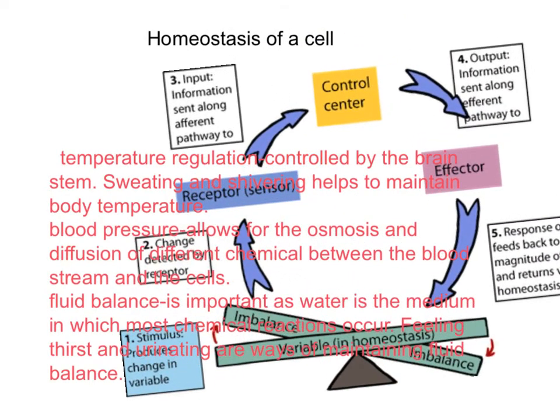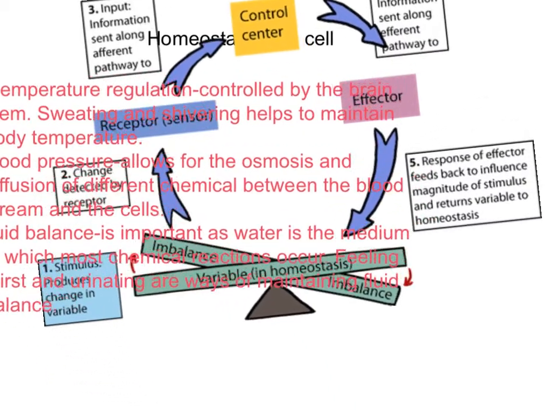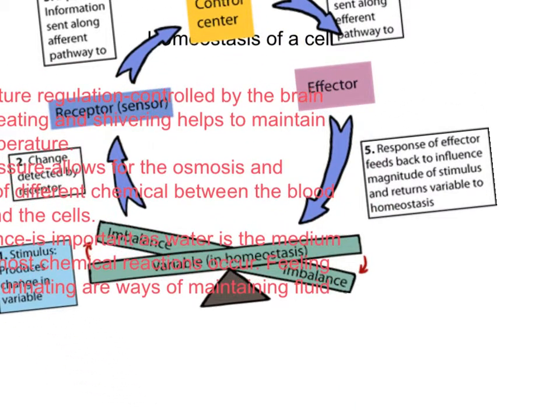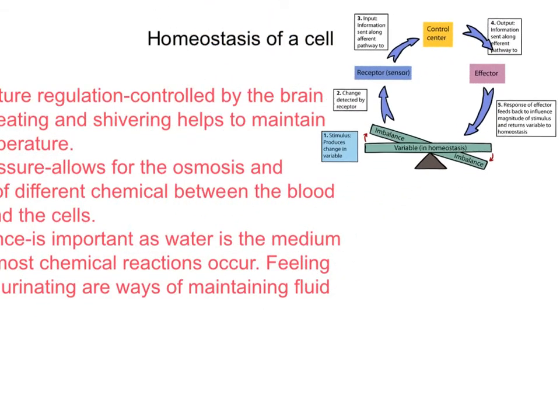They would then send information along a pathway to the control center, which is then sent along a different pathway to the effector. The response of the effector feeds back to influence the magnitude of the stimulus, which returns it to homeostasis. In other words, it makes it equilibrium again. Then the cycle just repeats continuously. It's kind of like the circle of life.